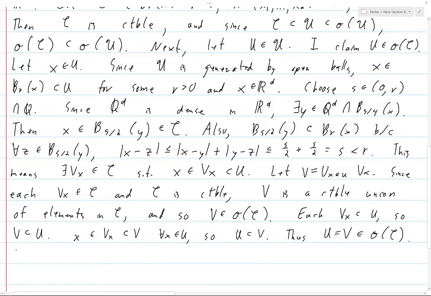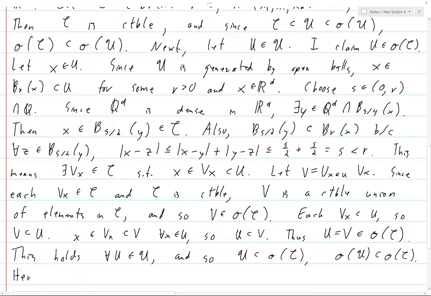This holds for all U in the collection 𝒰, and so 𝒰 is contained in the sigma field generated by C. So the sigma field generated by 𝒰 is therefore contained in the sigma field generated by C. And hence, because this is the other direction of inclusion that we needed, we have the sigma field generated by C is equal to the sigma field generated by 𝒰, which is, by definition, the Borel sigma field on R^d. And that's what we wanted to prove, and so we're done.